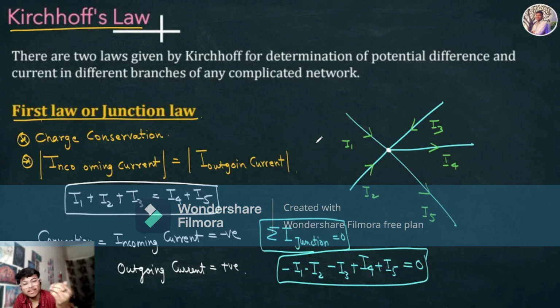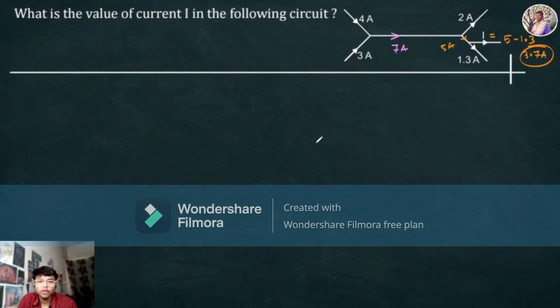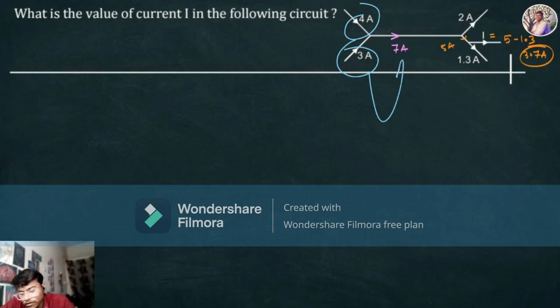If we take incoming as plus, outgoing as minus. For convention purposes, the incoming current is negative and the outgoing is positive. So how will we find the current in this branch? We are given 4 ampere and 3 ampere here, so it will constitute 7 ampere current in this whole branch, and here 2 ampere is going.